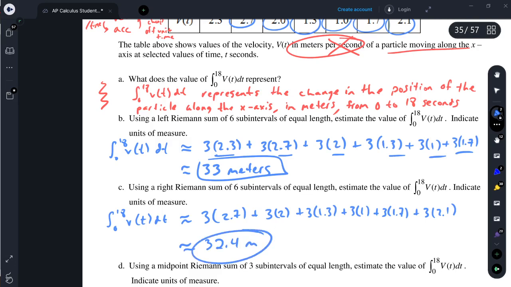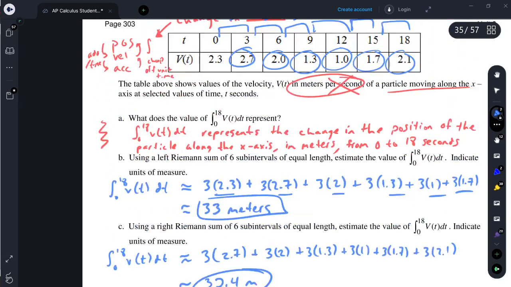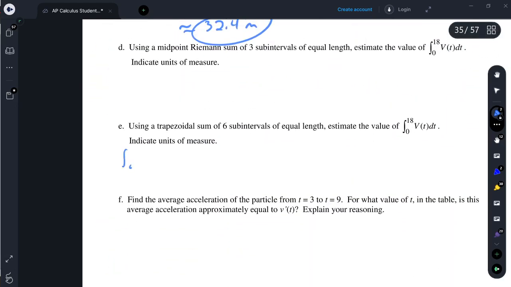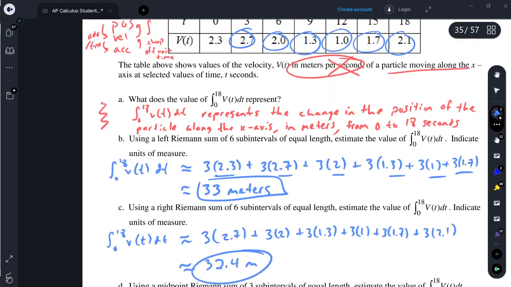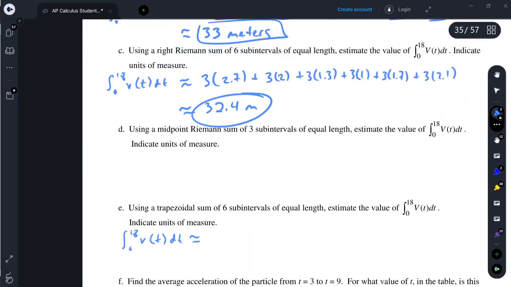All right, and then the next one we're reviewing midpoint Riemann sum. Actually, you know what, I'm going to skip ahead. I'm going to do E first because that's going to keep the 3's. So for our trapezoid, we would do the integral from 0 to 18 of v of t dt is approximately, so each one of these, we're going to do 3, and then we're going to multiply both of them, divide by 2.